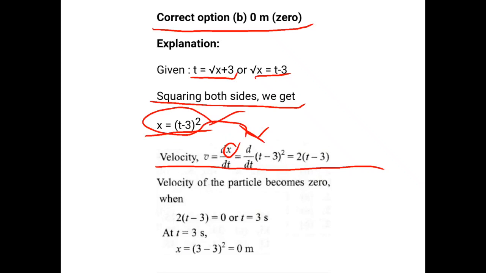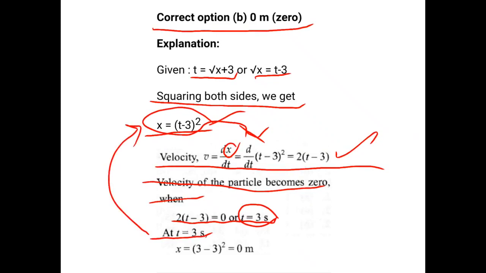So d by dt of t minus 3 whole square, you will get 2 times t minus 3. The velocity of the particle becomes 0 when it becomes 0. So the t value you will get t is equal to 3 second. If t is equal to 3 second, if you substitute the value in this equation, you will get how much distance traveled? 0 meter.